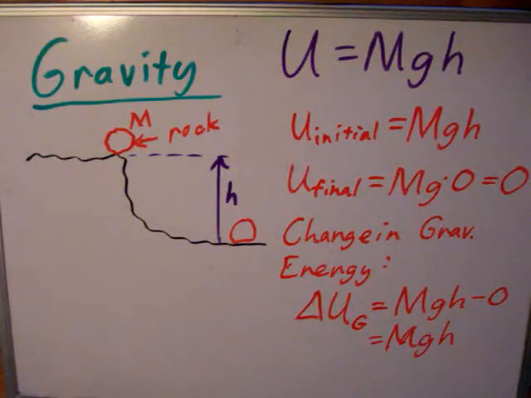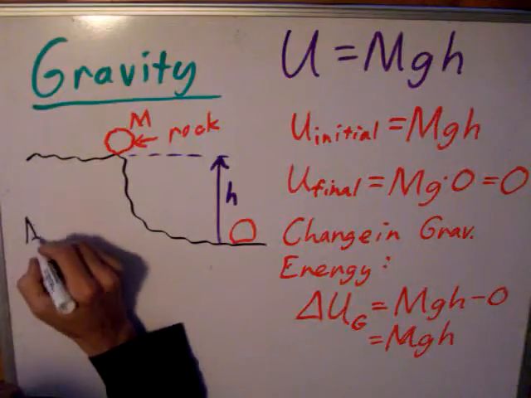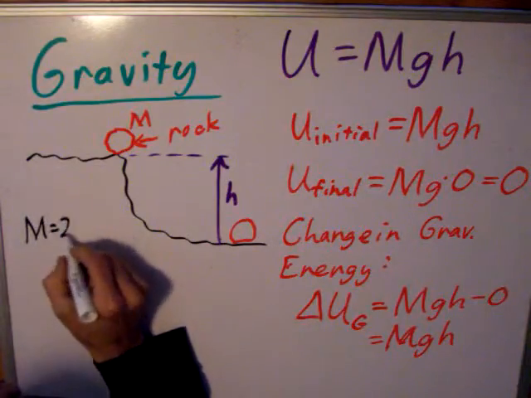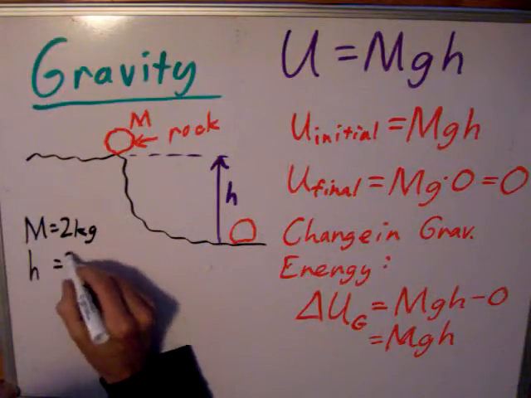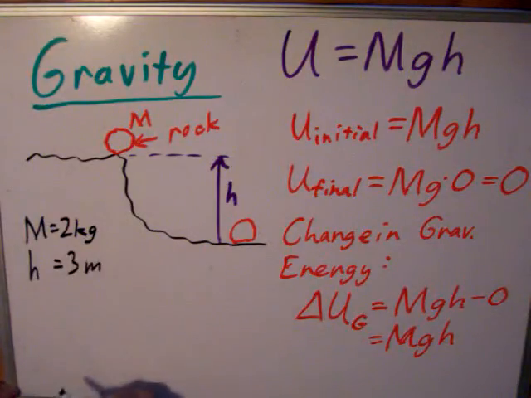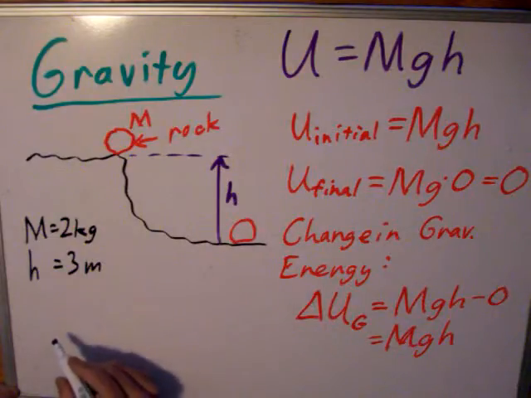Now let's do an example and put some numbers in here. Let's just suppose, for example, that my mass was 2 kilograms and that my height was 3 meters. What would the change in potential energy be then?